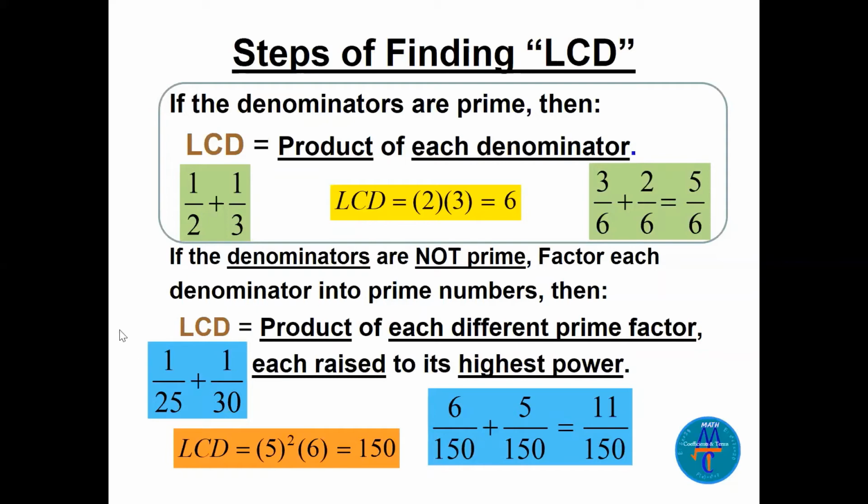So again, multiply this one by 6 to make 150. Multiply this by 5 to make 150. So when you add, do you see the simple answer here? 11 over 150 is the answer for this. 1 over 25 plus 1 over 30 is 11 over 150.